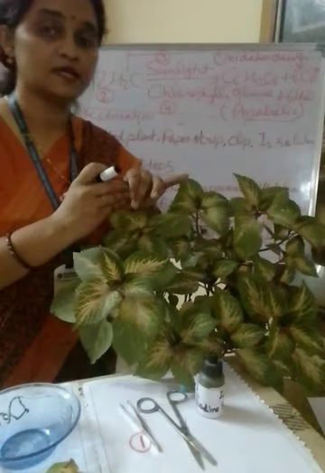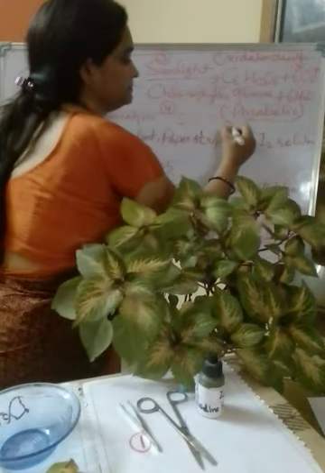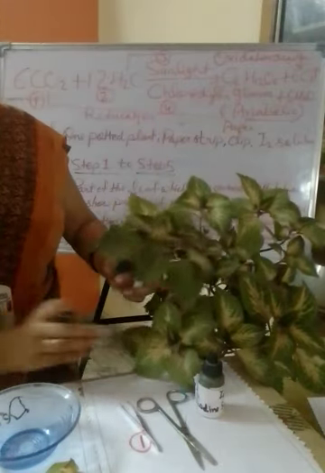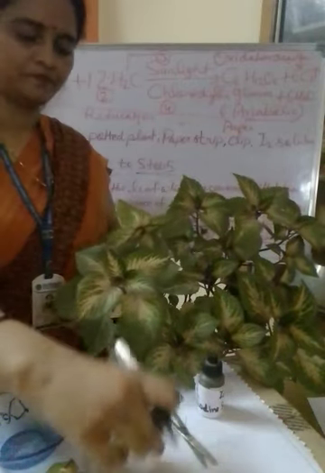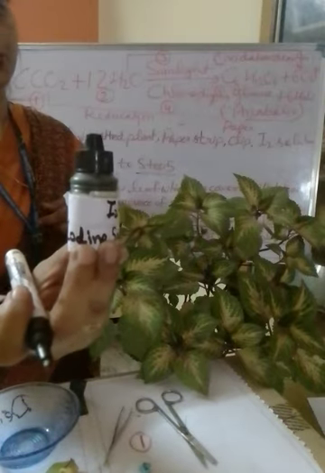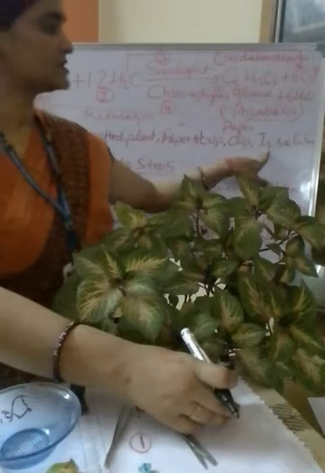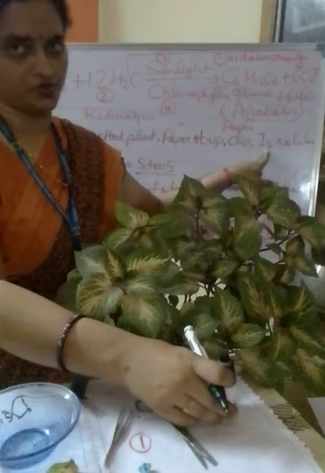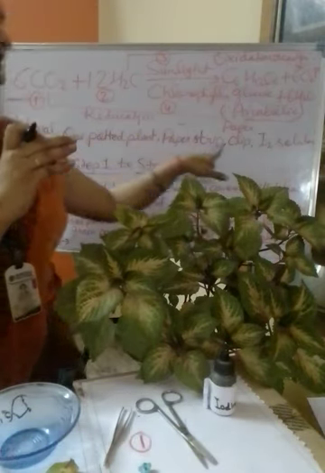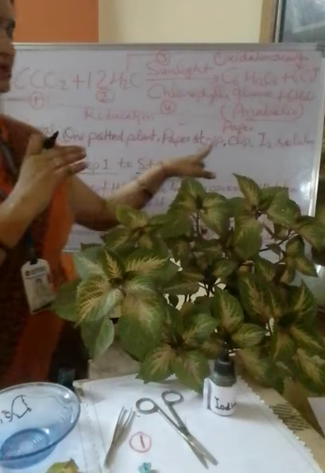Next is a paper clip. Understand, this is a paper clip. Now forceps, that is very important. Iodine solution, I2 solution, that is the symbol of iodine. Understand that? So these are the materials used in this practical.